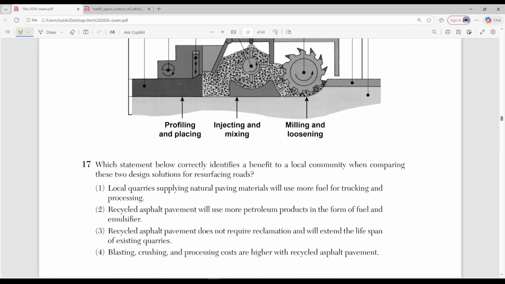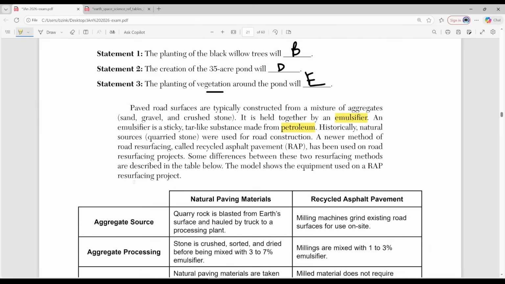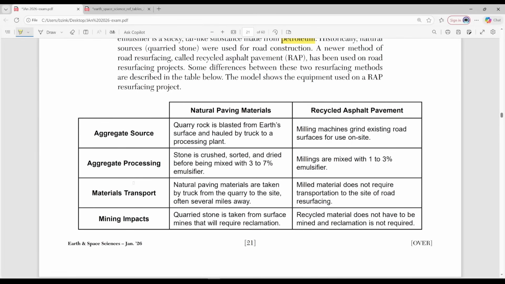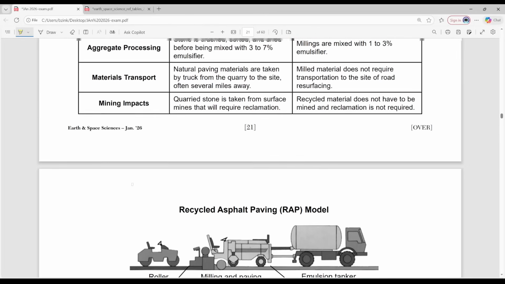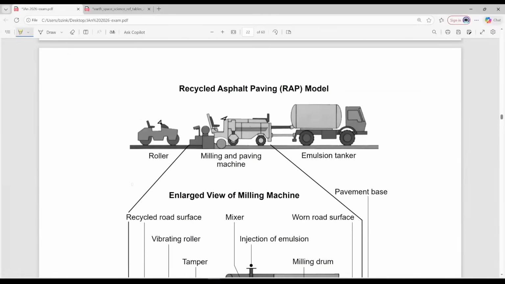Which statement below, I didn't know we were taking a construction class. Which statement below correctly identifies a benefit to a local community when comparing these two design solutions? How about the local community says, I don't want to read this chart. Did I say that?